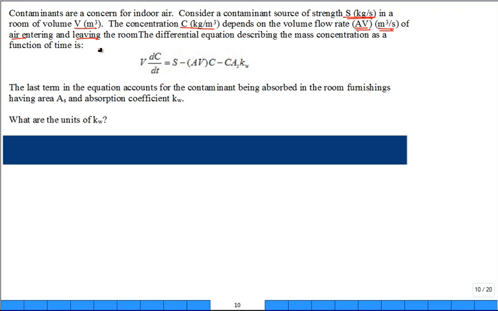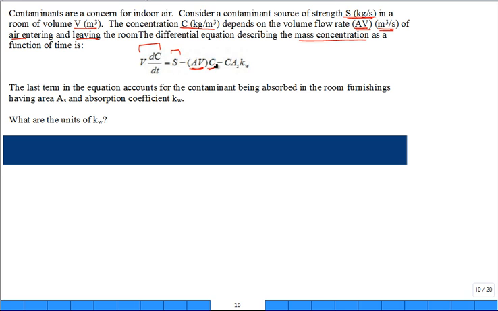All right. The differential equation describing the mass concentration as a function of time is here. So this is some accumulation and depletion of the contaminant in the room. It's going to accumulate because you have a positive source trying to spew out the contaminant. You also have it being removed with the volumetric flow rate of the outgoing contaminated air, taking with it the concentration of that.